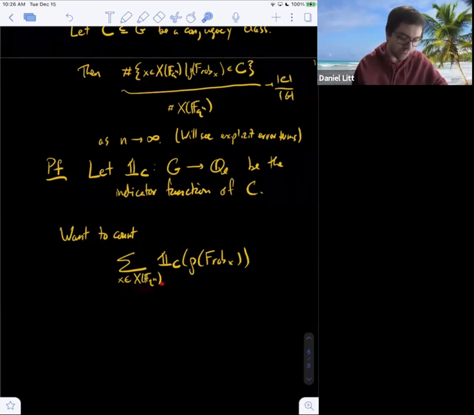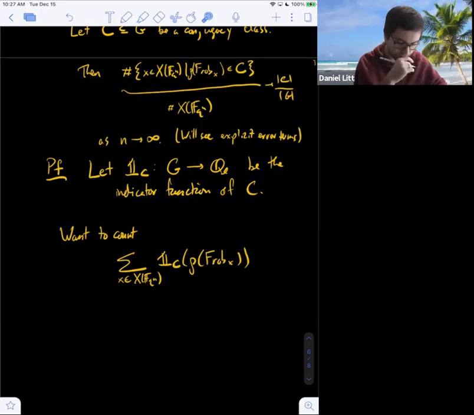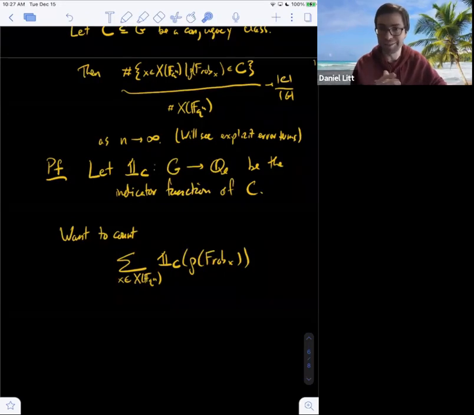So this looks like the kind of thing we could approach via the Lefschetz trace formula, right? In particular, if instead of 1 sub C this was the trace of Frobenius acting on the stalk of some sheaf, then this is the kind of thing we'd be able to access using the techniques we have, like the Lefschetz trace formula for local systems. So the idea is, this is one basis of functions on G. There's another basis which looks more like sheaves, namely the basis of characters.